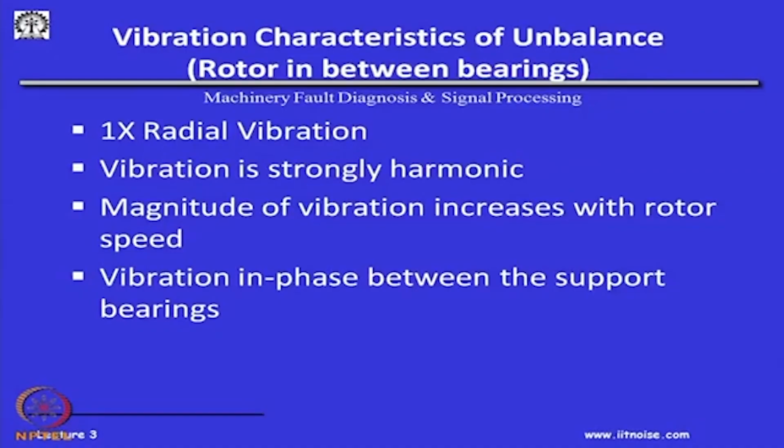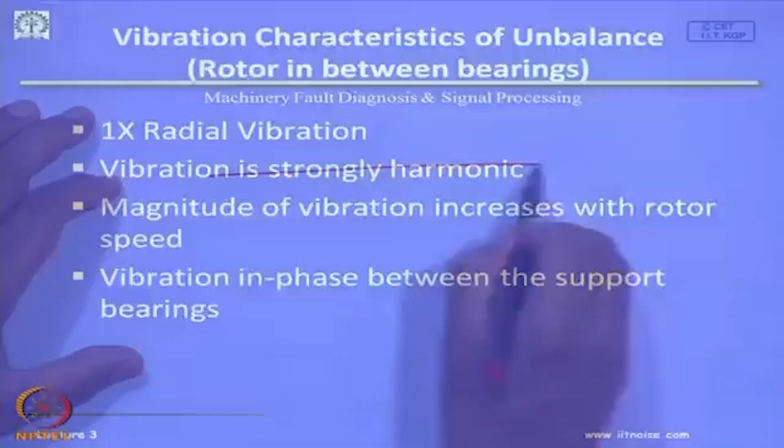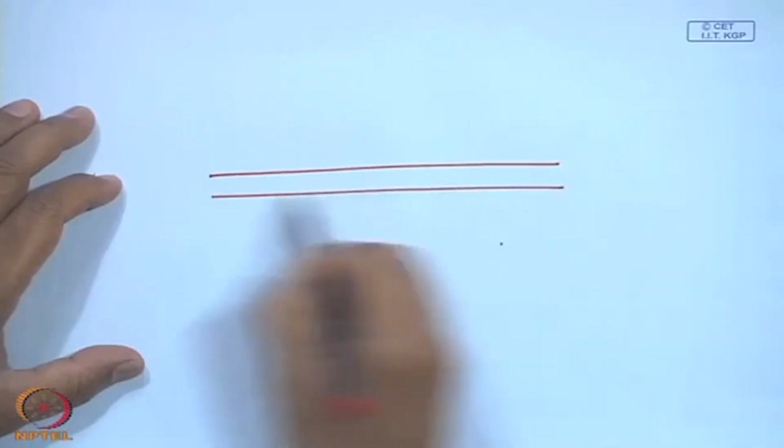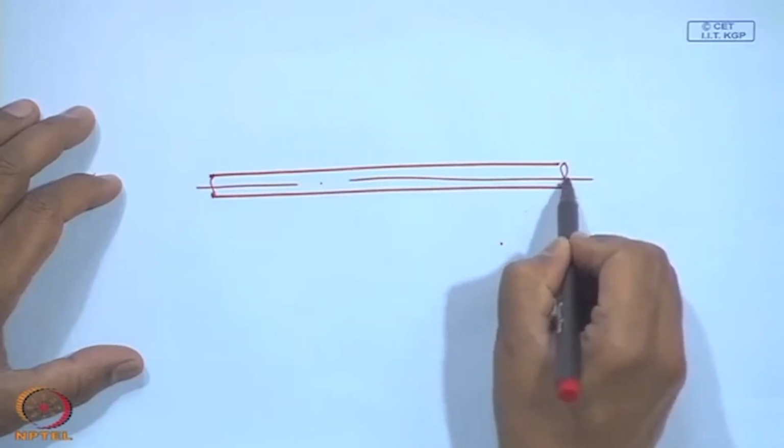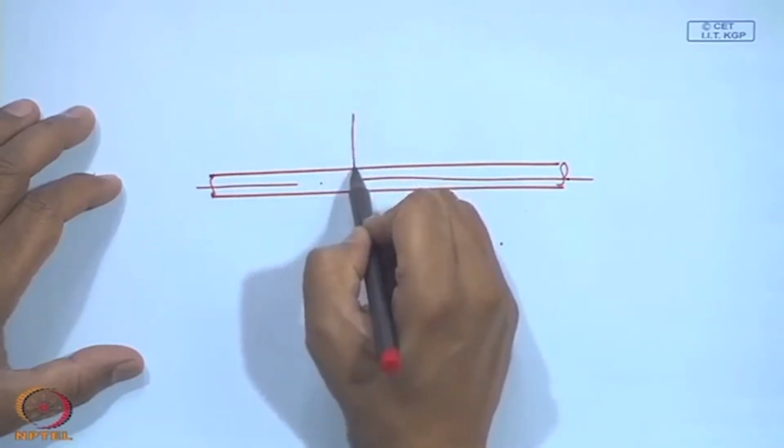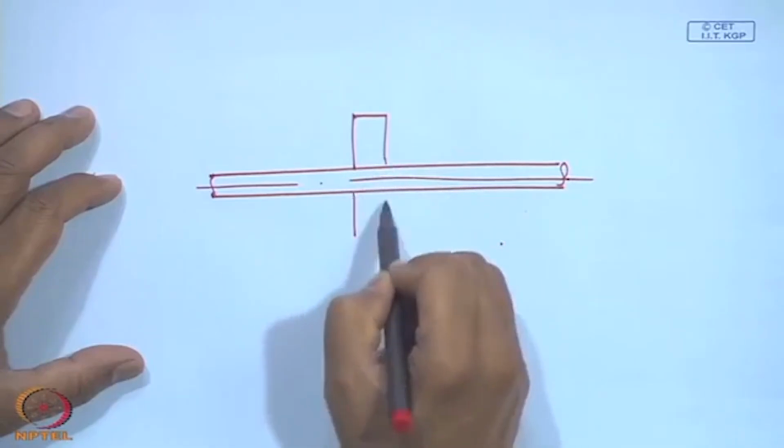I will give you 2 specific examples of how vibration helps us detect unbalance. In one case, we have a rotor, and maybe on this rotor we have a disc which has an unbalance.